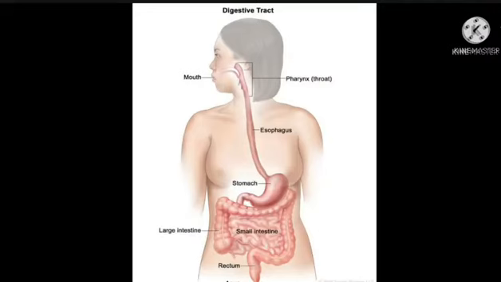The digestive system includes the alimentary canal and associated digestive glands.